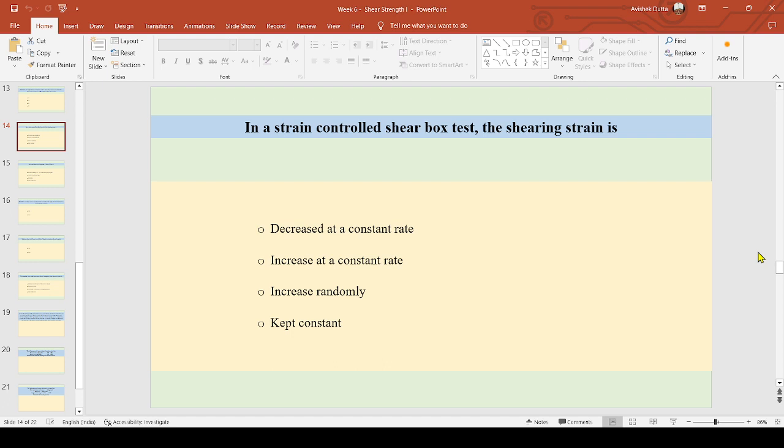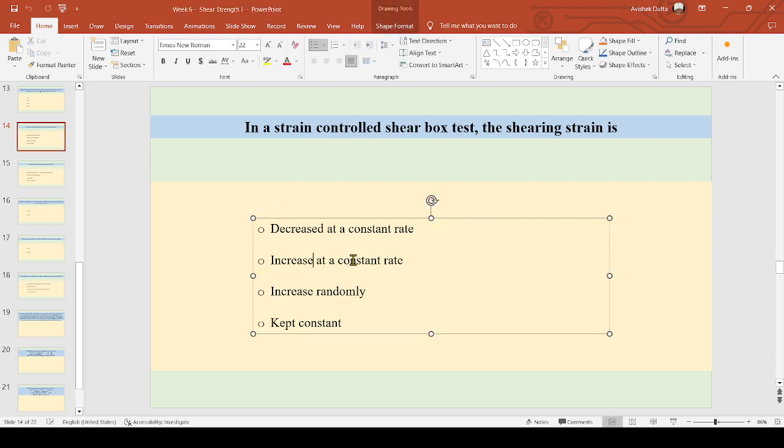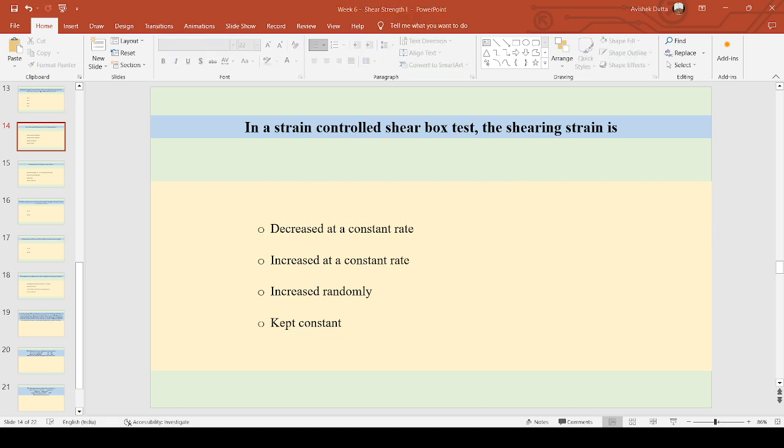In a strain controlled shear box test, the shearing strain is, your options are: decreased at a constant rate, increased at a constant rate, increased randomly, or kept constant.